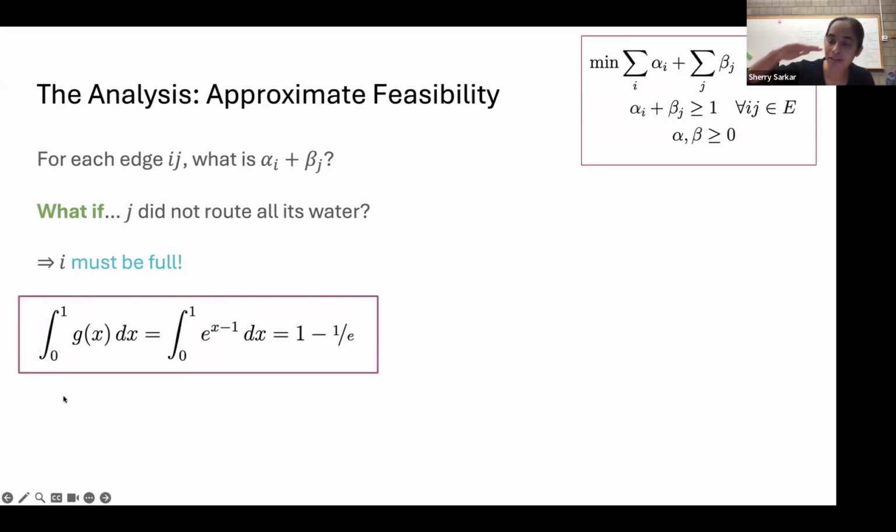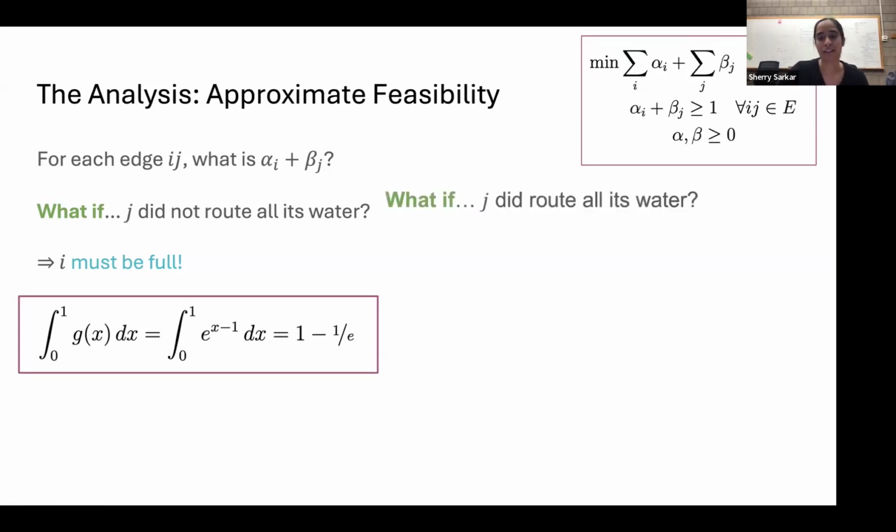Alpha i is being raised at a rate proportional to its water level. And we know that the last water level is 1. And so from 0 to 1, it's being raised at a rate of g of x. And g of x is precisely this function, and that gives us 1 minus 1 over e. Alpha i, in this case, is 1 minus 1 over e. Not even the sum, just alpha i is. That's actually the easier case.